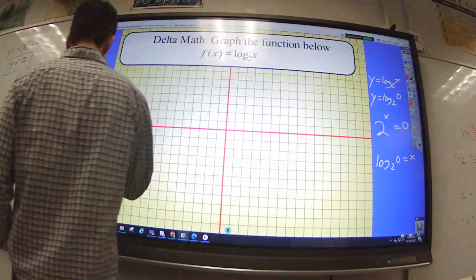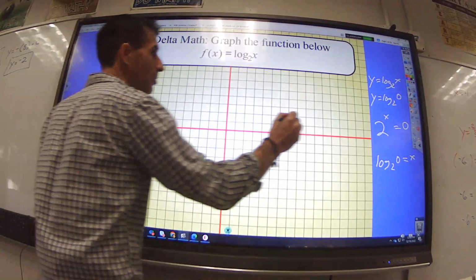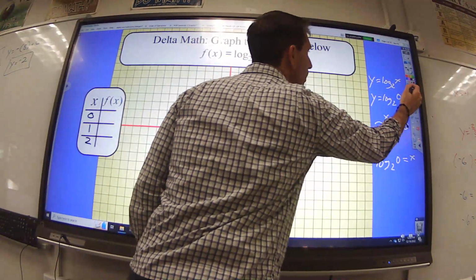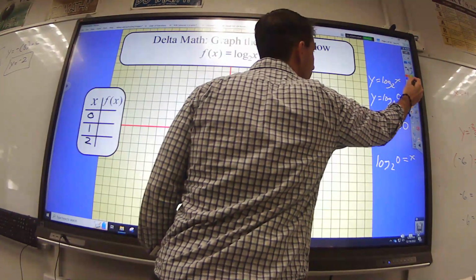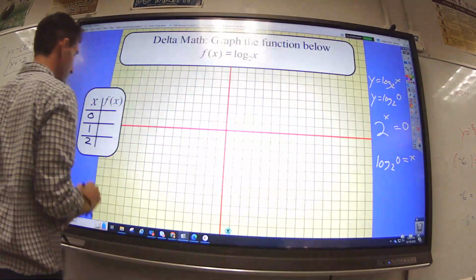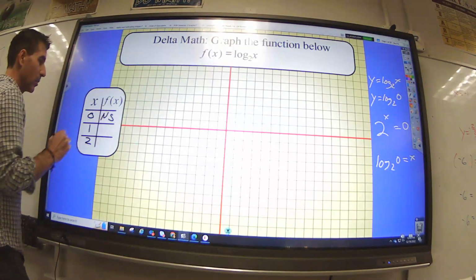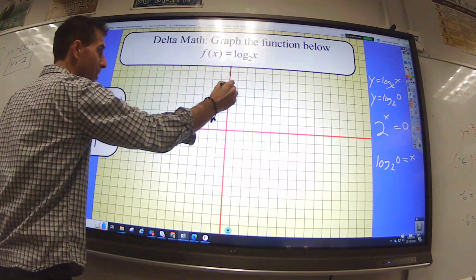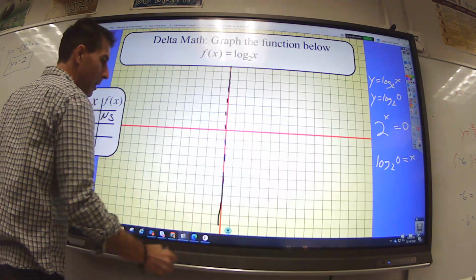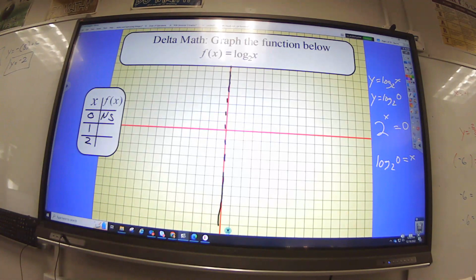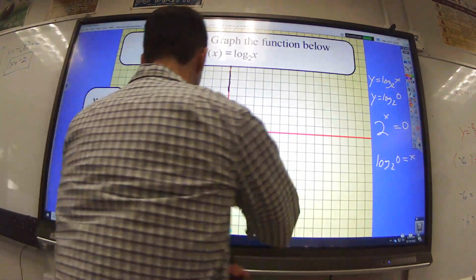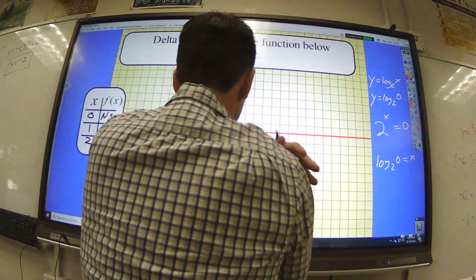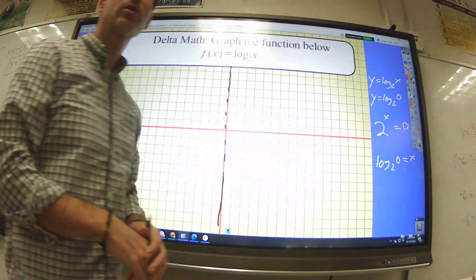So this is no solution. What does that mean if it's no solution? What does no solution mean as far as the graph goes? It's an asymptote, right? So x equals 0, so we got this right here. You guys remember that? And what do we do with asymptotes? You hug them without touching them.